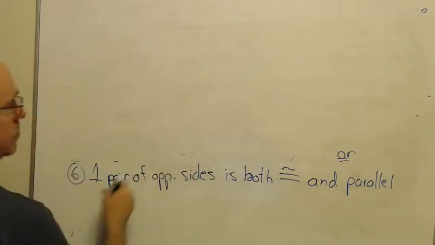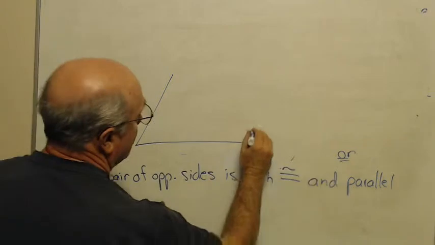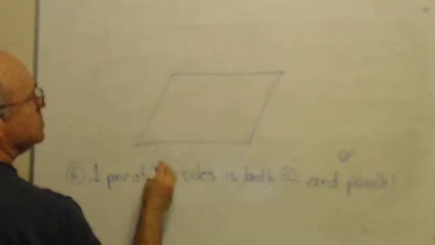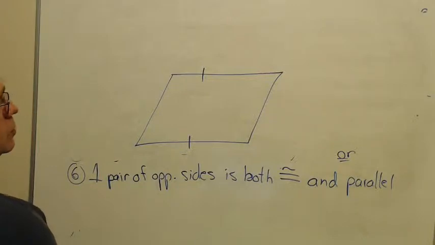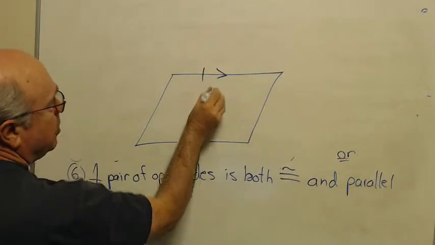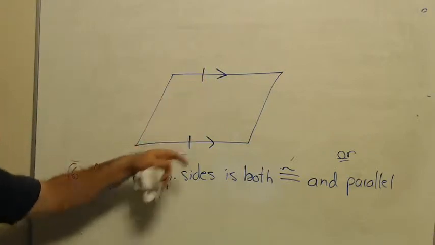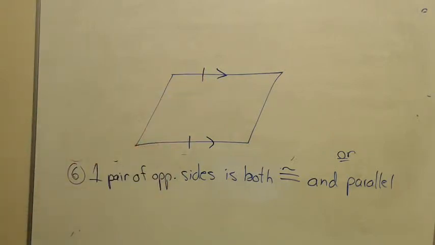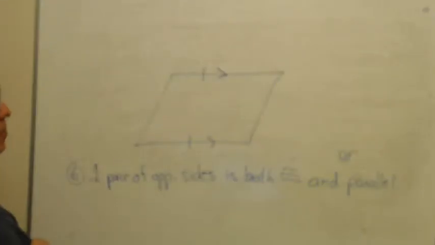So the picture, like if one pair of opposite sides is both congruent and parallel, what we're saying is if that pair of sides there is congruent and that same pair of sides, not the other sides, the same pair of sides are parallel, you've got a parallelogram. The same would be true if it was this pair of sides with those properties.